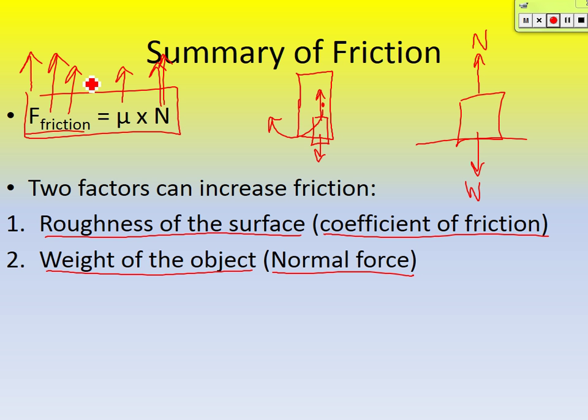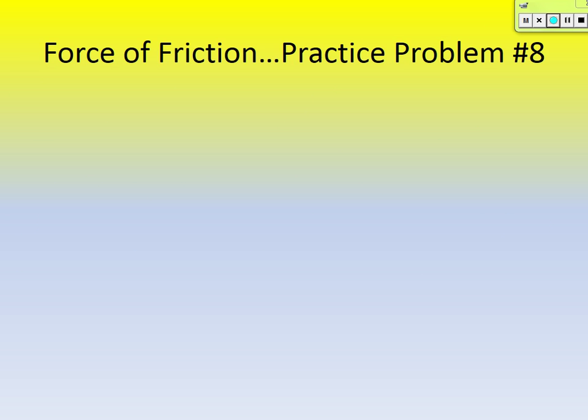Up. If I put some rough surface on there, maybe a piece of rubber, would it make the coefficient of friction go up? Yes. And would that make my force of friction go up? Yeah. And that would hold the door open because there's more friction between the garbage can and the floor tiles. Does that make sense? So there are two ways you can affect the force of friction: the normal force or the coefficient of friction. Okay. I've got, I think, four practice problems, and then we're done.